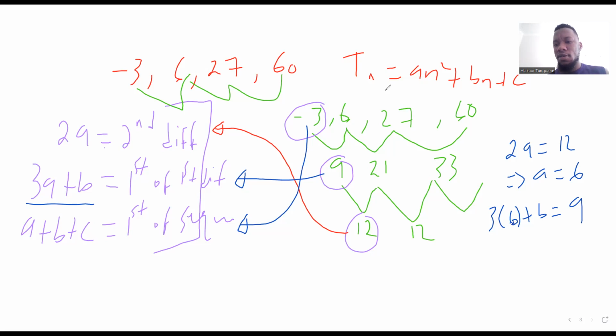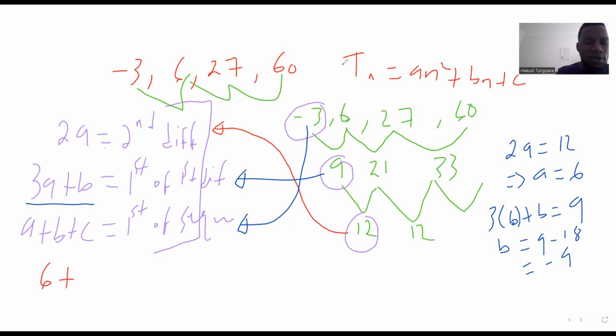So b is equal to 9 minus 18. Okay, so that's minus 9. And then the last one to solve for is this one here, c. So a is 6, b is minus 9, and c is what you're looking for, and the first term is minus 3.